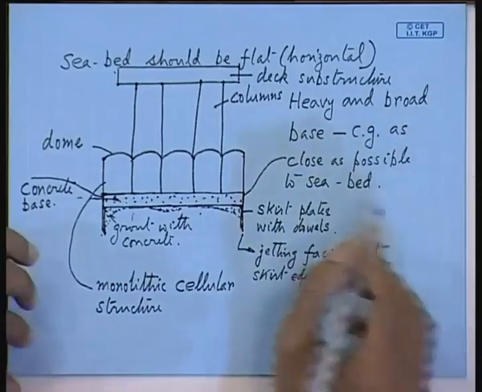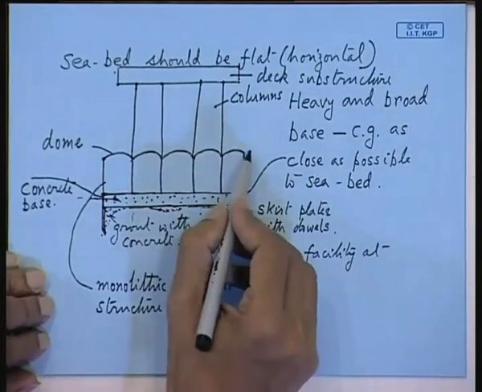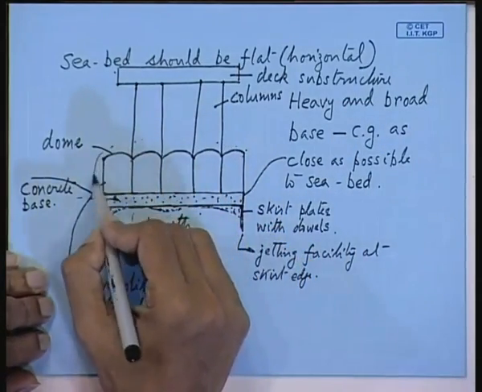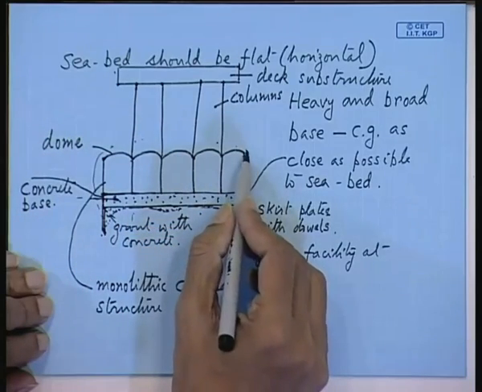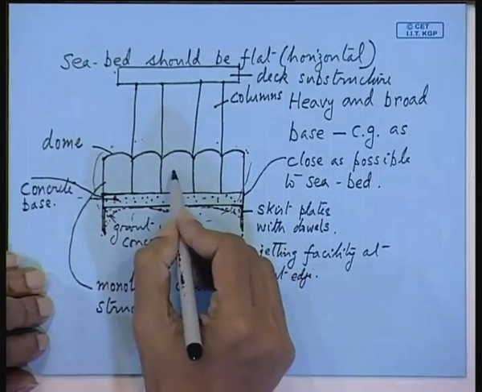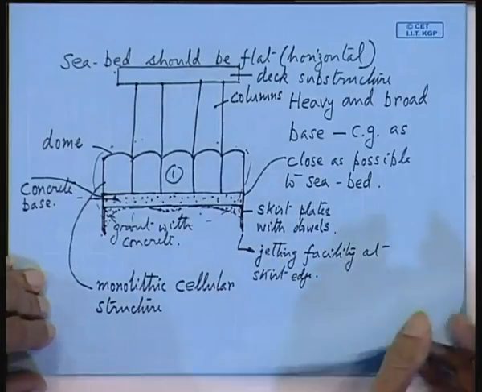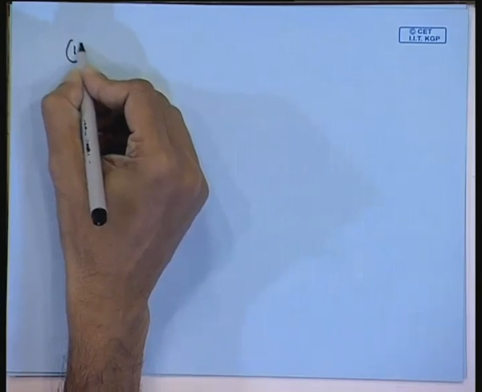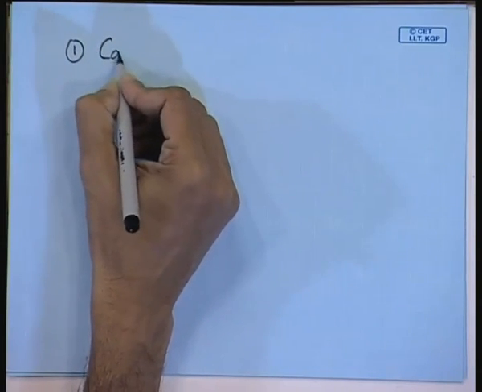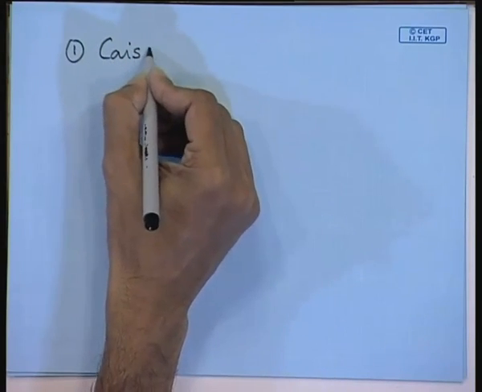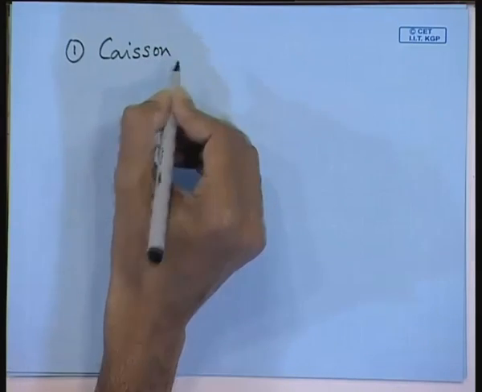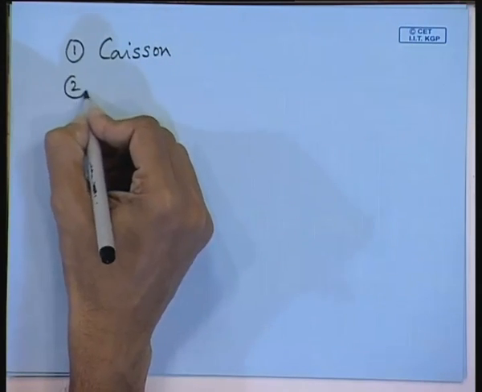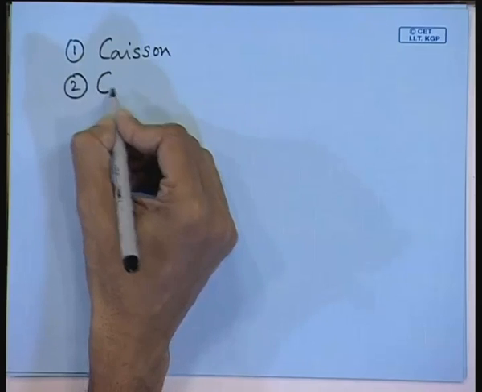So the three main parts of the structure are, number one, this portion, and this portion is called the caisson. The number two portion is called columns.